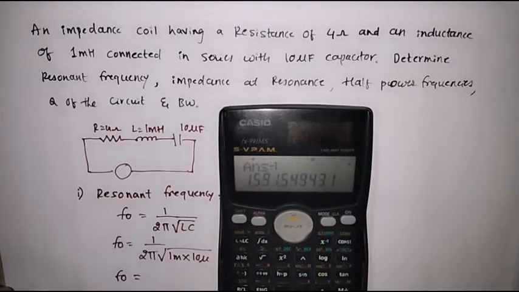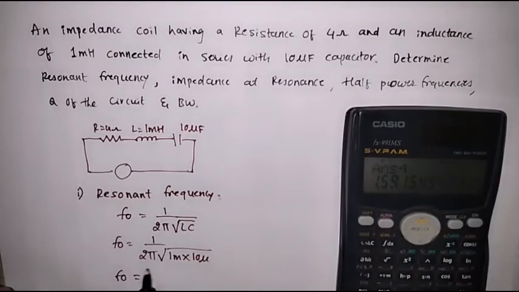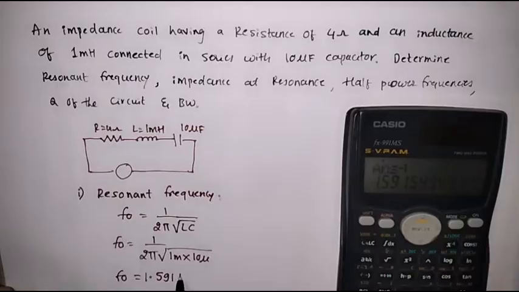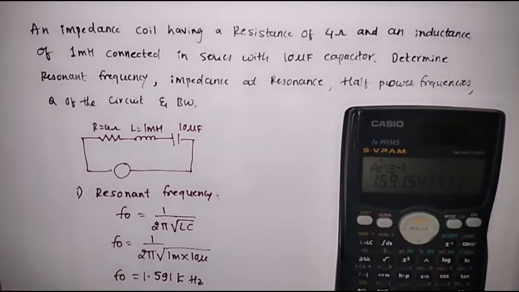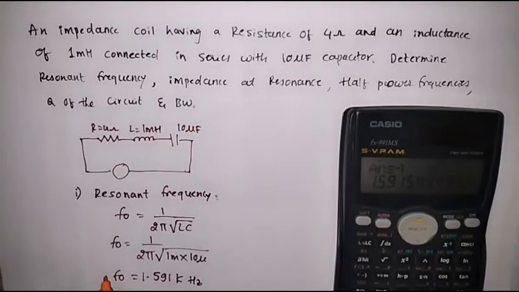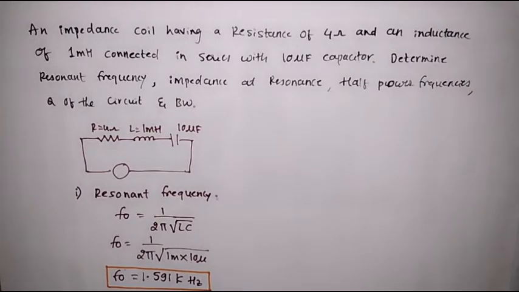It gives 1591.5 hertz, or we can write it as 1.591 kilohertz. Therefore F0 is 1.591 kilohertz. So this is the resonant frequency for which the circuit will resonate.